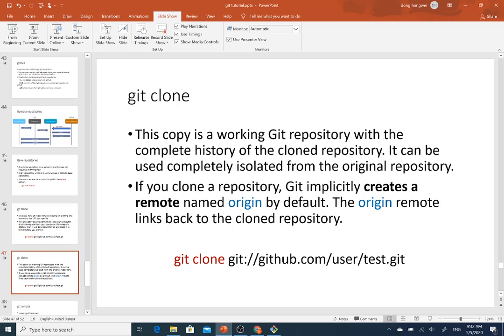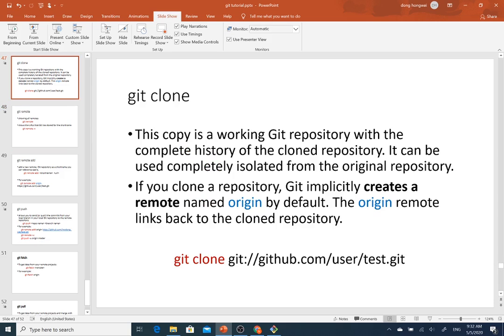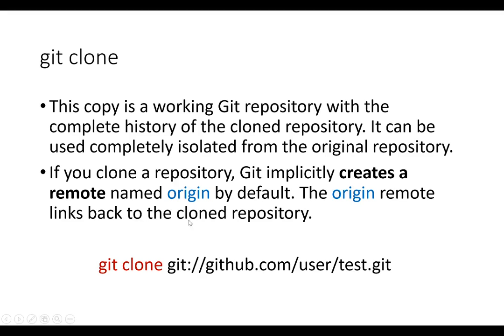Let me see the git push command again. We see the git clone. The git clone command creates a local repository with a name given to this cloned repository.